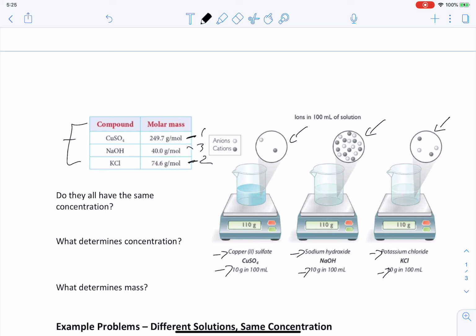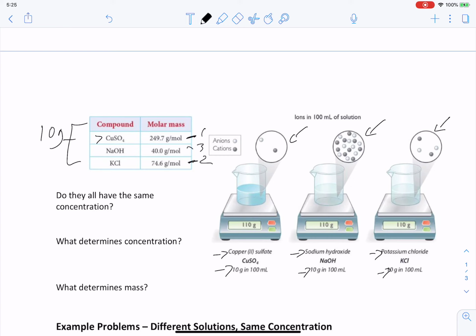Which means that if we needed 10 grams of each one, for copper sulfate, we don't need that many moles, right? We need very small amounts of copper sulfate. Potassium chloride, we would need more of, right? Because it weighs less, so we just need more molecules in the solution. And finally, sodium hydroxide weighs the least.